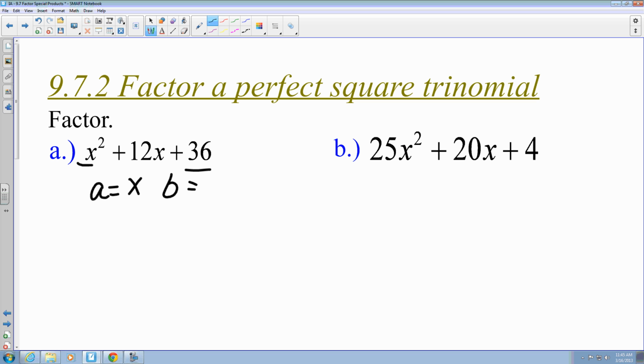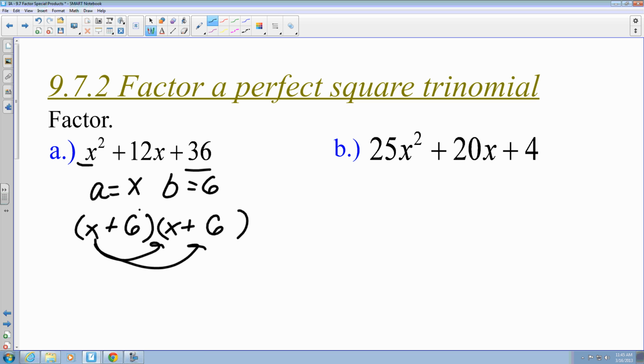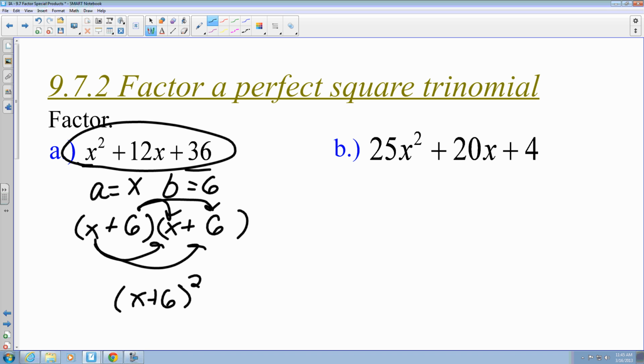B looks like the square root of 36 is going to be 6. So I can write this as x plus 6 and x plus 6. It's got to be the same thing. And then you can double check it by FOILing it out. We realize that when you FOIL it out, it becomes this value here. But we can also rewrite this as x plus 6 quantity squared.